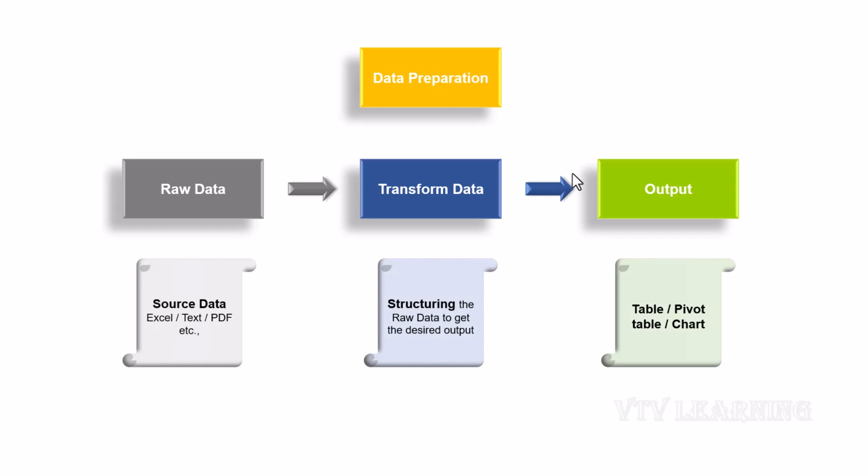The source data can be Excel, text, or PDF, etc. Transform data means structuring our raw data to get the desired output. Our desired output would be in the form of maybe a table or a pivot table or chart.